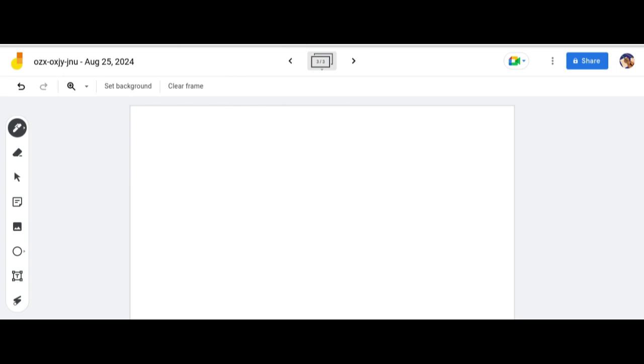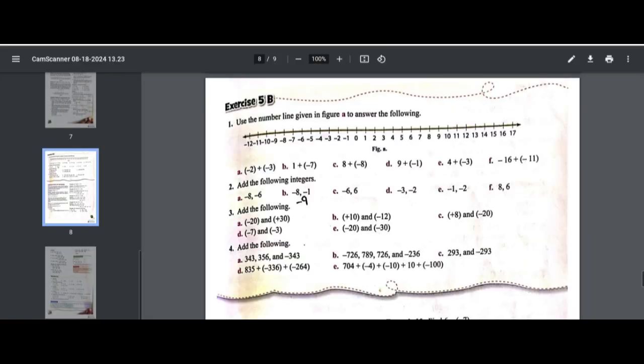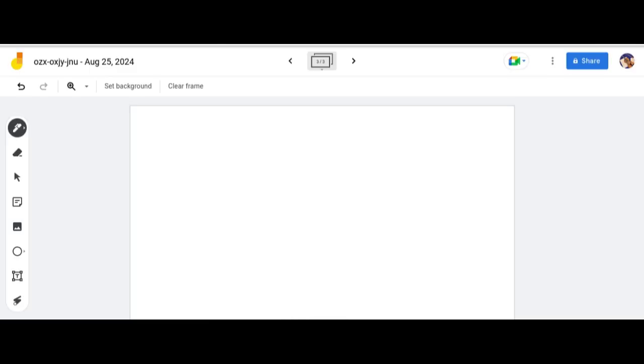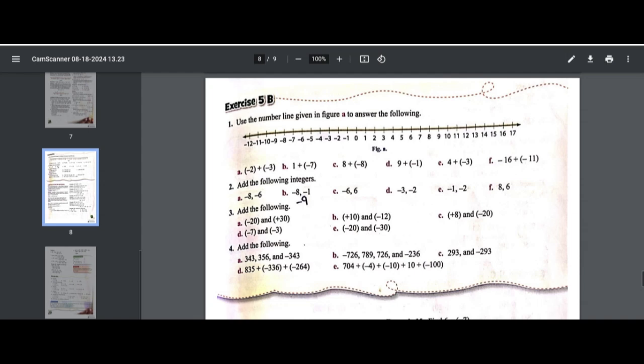Now, the 3 questions are for your homework practice, and I have to do the E part. Let me help to write the E part. Help me to write the numbers of question E. Have you opened your textbook?